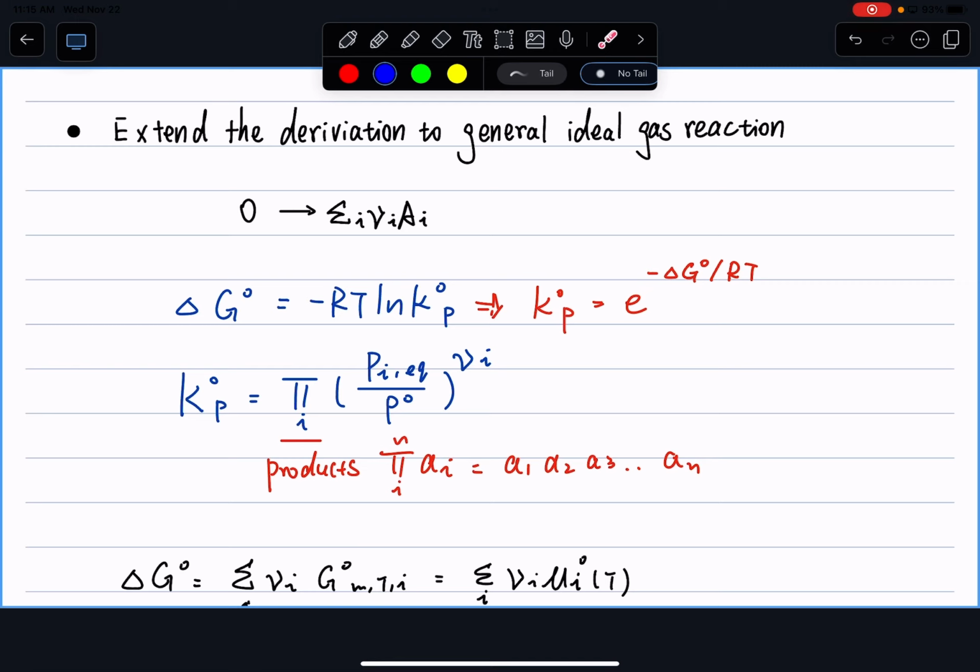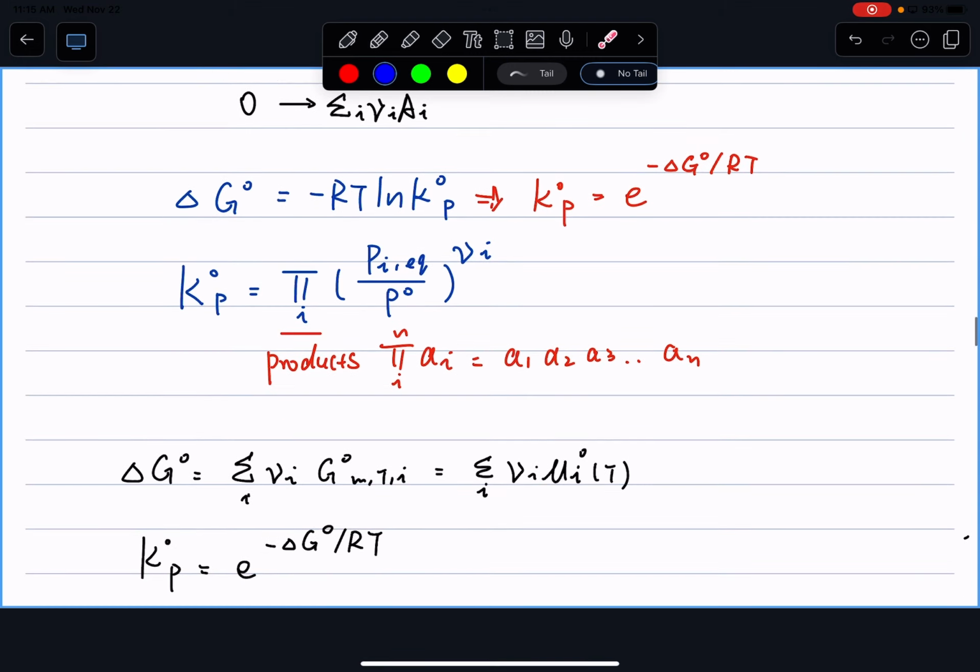And the equilibrium constant is called Kp because it's defined using the partial pressure. It can have other forms, and we will talk about that when we talk about concentration in solution and so on. For now, this term here looks like a big pi.